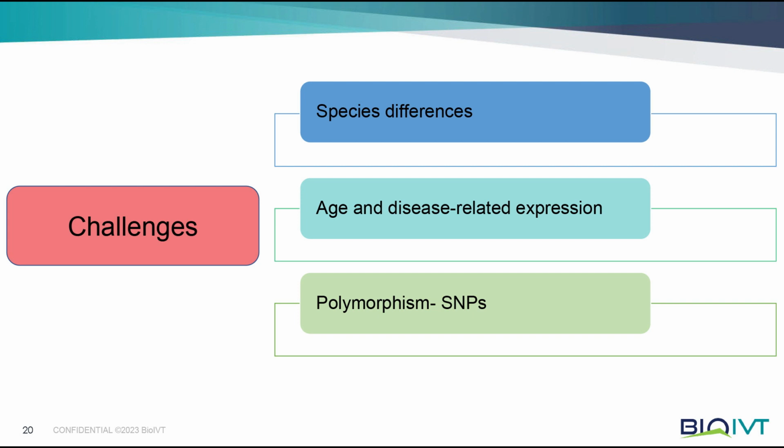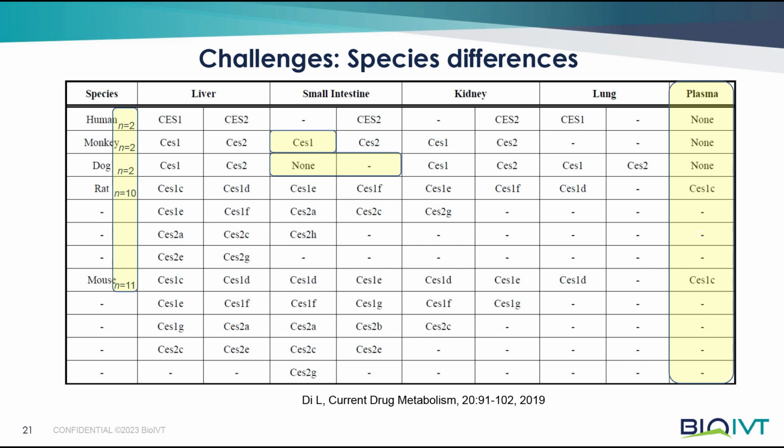So species differences, these are challenges, and this is probably the main one, but also age and disease-related changes, and then some polymorphisms, as I've alluded to already a few times. The main problem with species differences is, let me walk you through this a little bit. In humans, we have two, mainly in the liver, carboxylesterase 1, followed by carboxylesterase 2, and in the intestine we essentially lack carboxylesterase 1 for all intents and purposes.